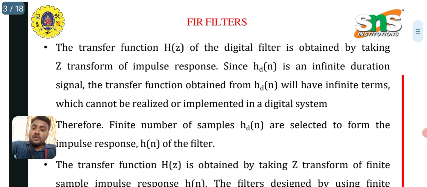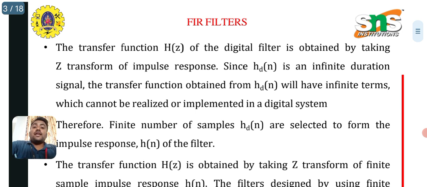Also, the transfer function H(z) of the digital filter is obtained by taking the z-transform of the impulse response. Since h_d(n), which means the desired impulse response, is an infinite duration signal, the transfer function obtained from h_d(n) cannot be realized or implemented in a digital system.